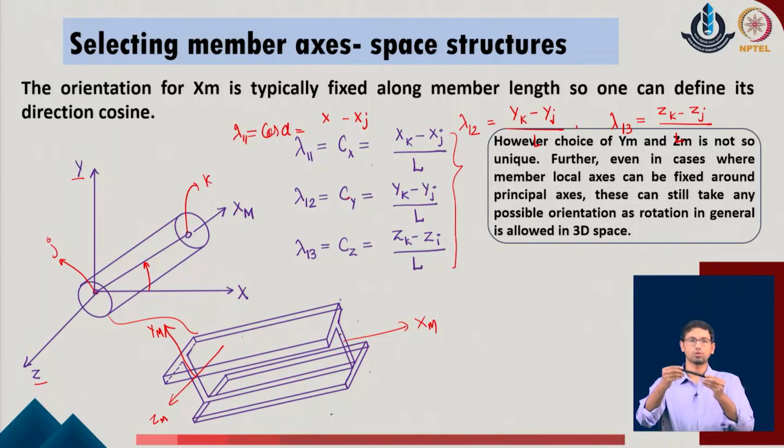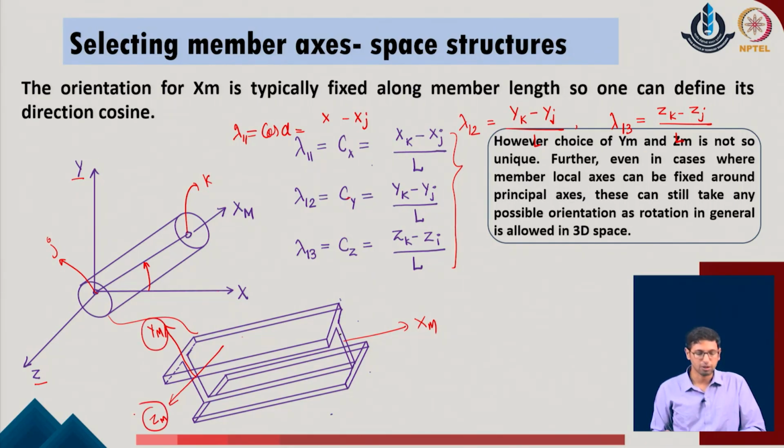So, if you are able to rotate your I section in different orientations, you will at least fix the directions of your axis x, y of m and z of m in the given system, and that will help us to know the specific orientation of the given system, so that the direction cosines can be calculated. But in the generalized cases, when we are not fixing the axis of the given system, we come up with some philosophy by which we can specify the directions in which the y of m and z of m can be identified, and then we try to implement that if a generalized relationship for the direction cosines can be obtained based upon that understanding.